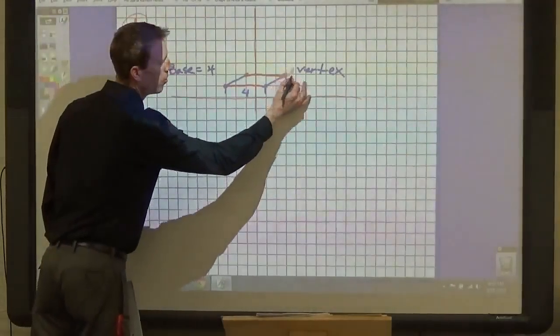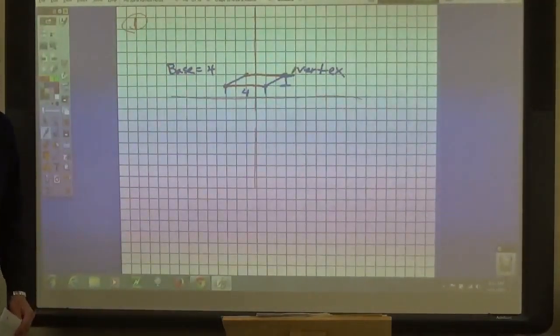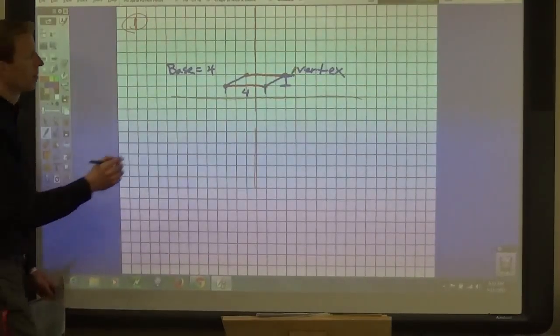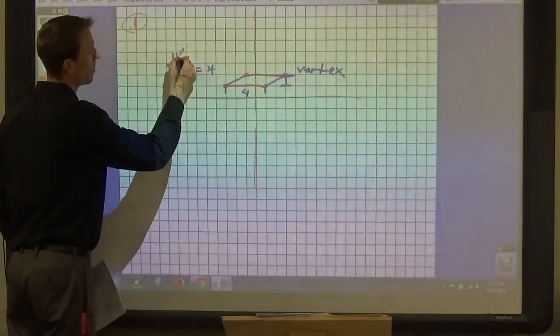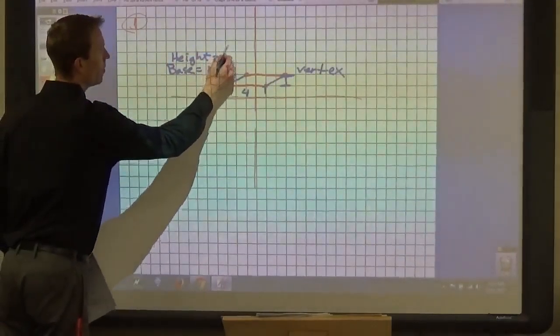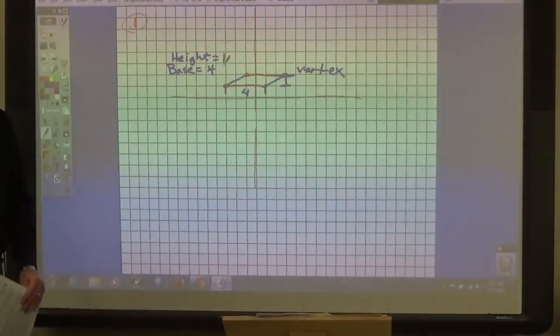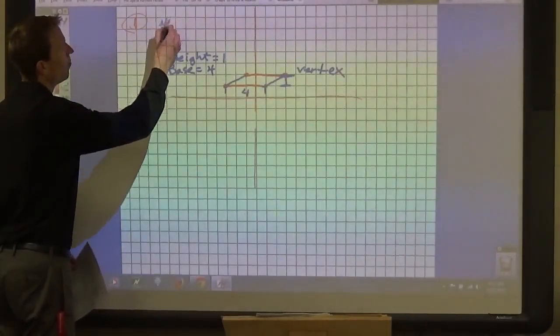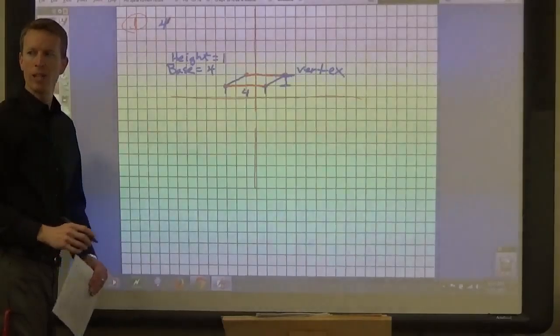So from here to here is 1. So how do we find the area? 4 times 1. 4. And how do we label it?